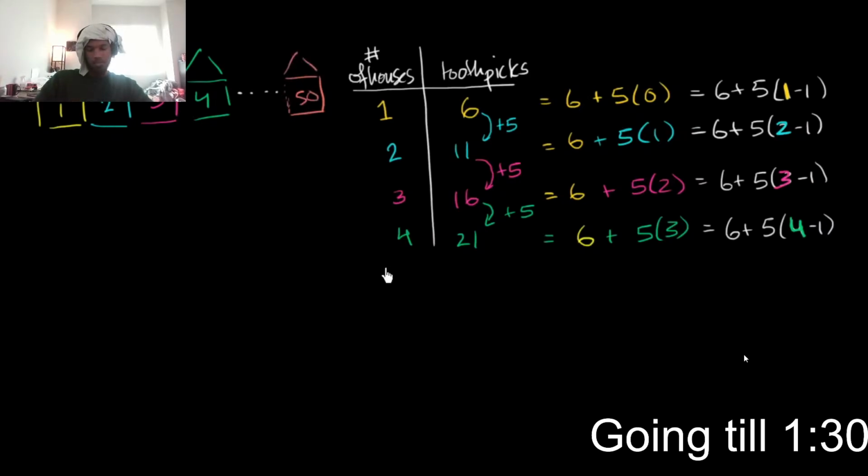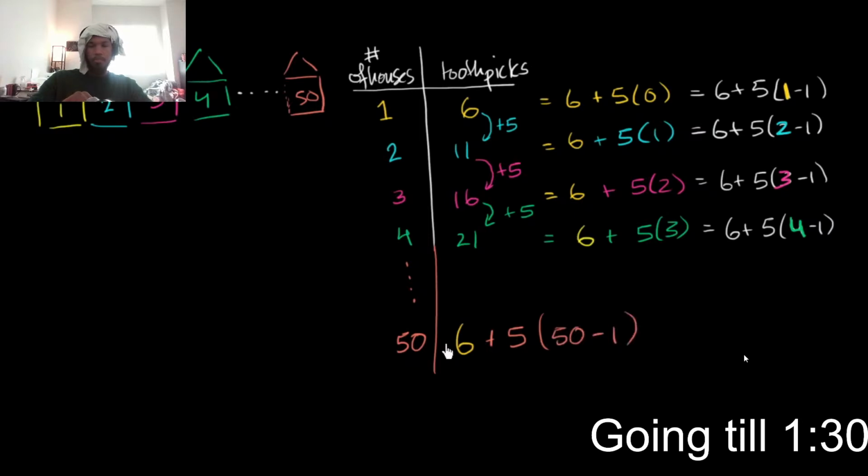So how many total toothpicks for 50 houses? Well, we can use the pattern that we came up with. It's going to be equal to, starting with our 6, the first house requires 6, and then we're going to add 5 for each incremental house. And how many incremental houses are there going to be? Well, there are going to be 50 minus 1 incremental houses.